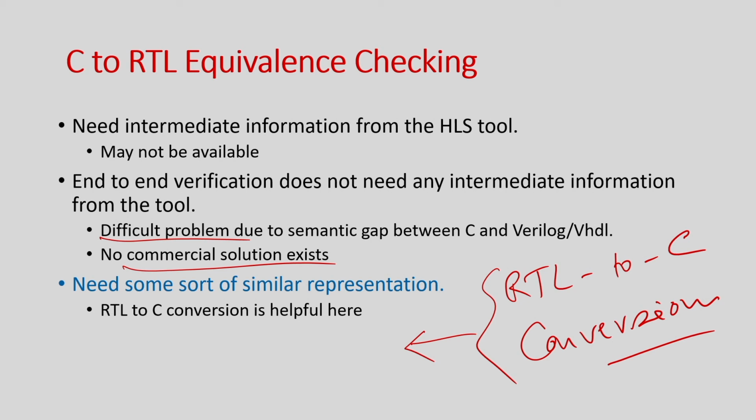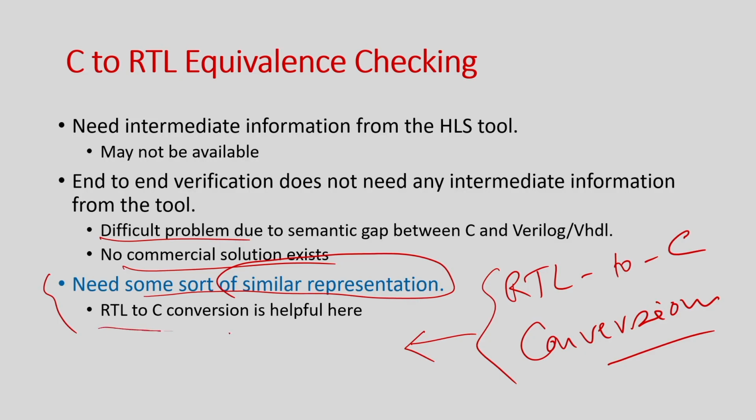The argument that I try to make is that to do a C to RTL equivalence checking, you need some sort of similar representation, otherwise you cannot compare apple with mango, right. They are two different things. So, we need the same representation, and fortunately because of this RTL to C conversion I have a similar representation now.